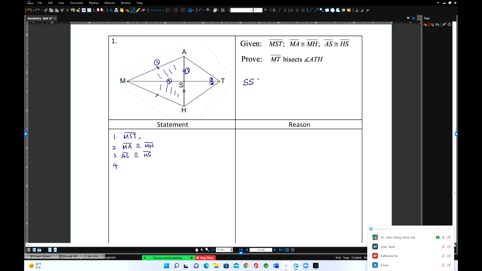First, we can go side, side, side first. That's the first congruence, okay? We already got over here MA, and AS equals HS. Now, reflexive MS, okay? MS, last side, MS is congruent to MS. All three sides already. This is a given. This is a given. This is a given. This one is reflexive.